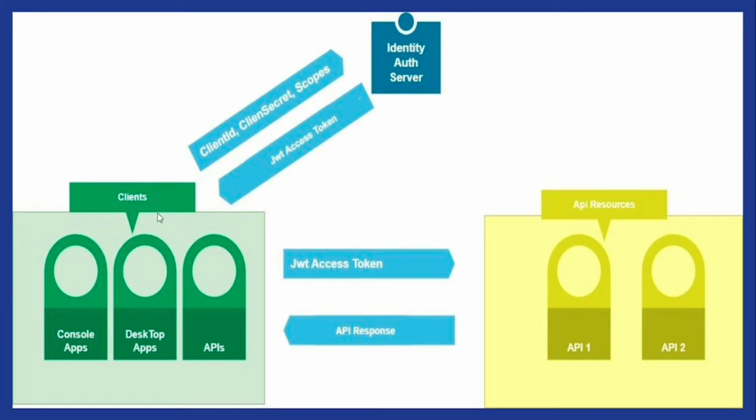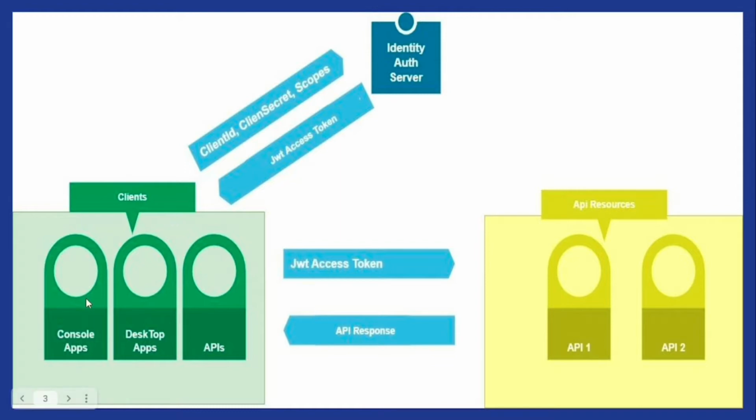If you see the flow here, the client will provide some credentials. Every client will have credentials, which are also given by this identity server, because it stores the client credential information inside the identity database.